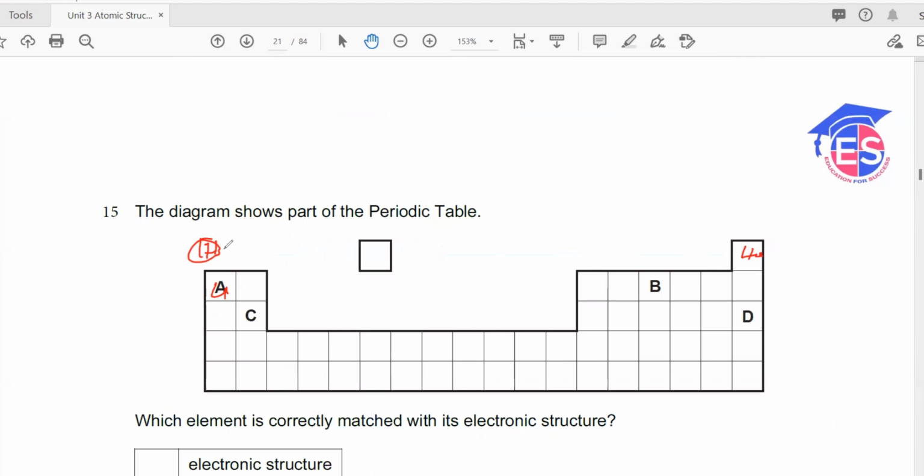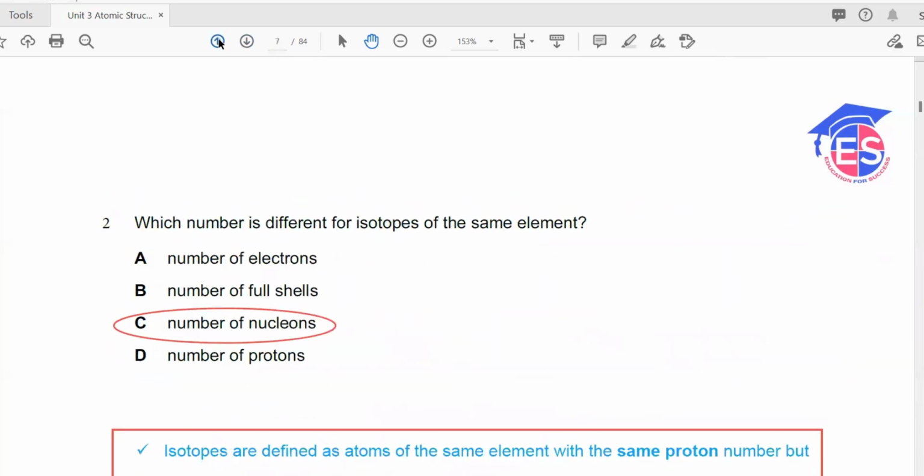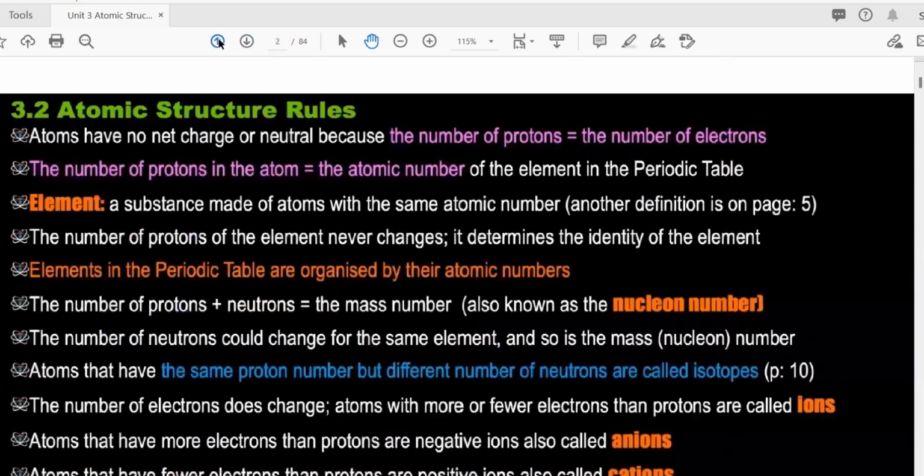So they are atomic number one, atomic number two, atomic number three, four, five, six, seven, eight, nine, like this. They are going like this. So they are arranged according to their atomic number or proton number. This is rule number 6.